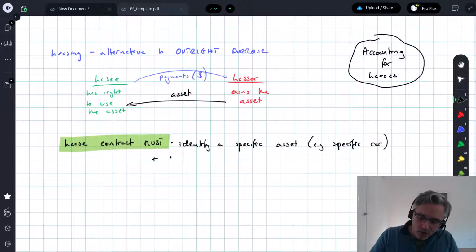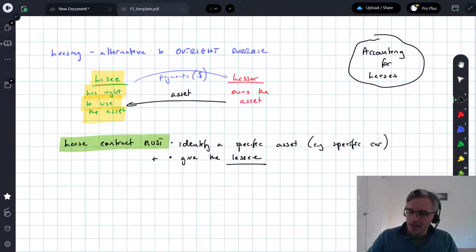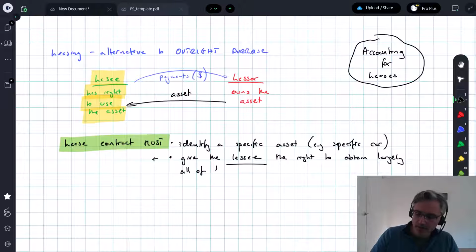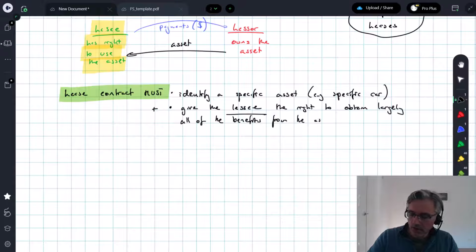Now, on top of this, the contract has to give the lessee, remember, the lessee is who has the right to use the asset here on the left-hand side, the right to obtain largely all of the economic benefits from the asset over the contract term.